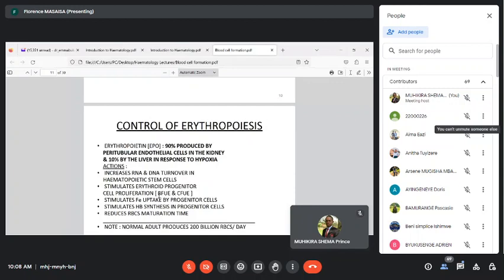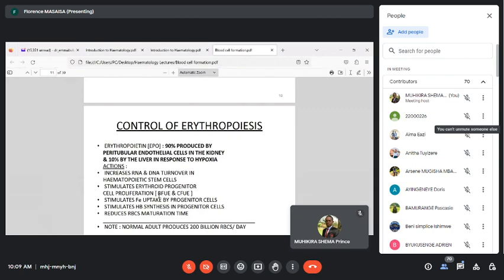It stimulates erythroid progenitor cell proliferation. It also stimulates iron uptake by the progenitor cells. It also stimulates hemoglobin synthesis in progenitor cells, and it reduces the red cell maturation time. So this is globally what erythropoietin does in general.